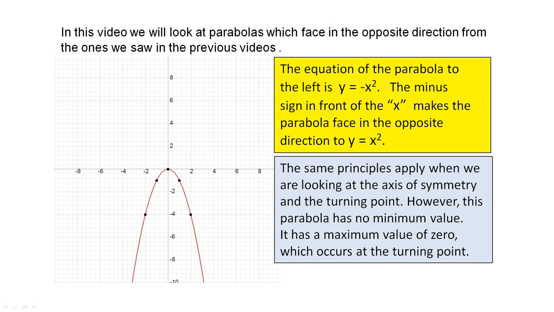The same principles apply when we are looking at the axis of symmetry and the turning point. However, this parabola has no minimum value. It has a maximum value of 0, which occurs at the turning point. And as we saw earlier, that's the turning point here.